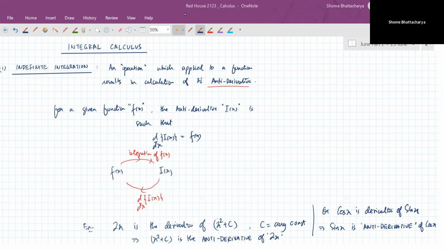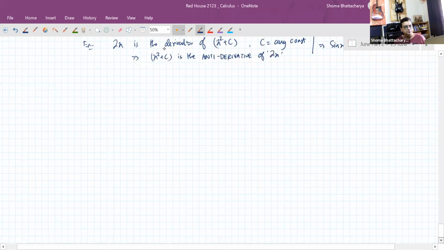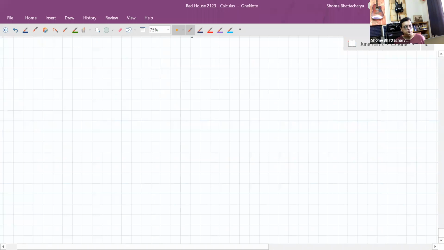Okay, next thing we'll understand is the symbol of integration, or indefinite integration. This is the symbol used for indefinite integration. How we apply it to a function is: the integration symbol, followed by the function, followed by the term dx.